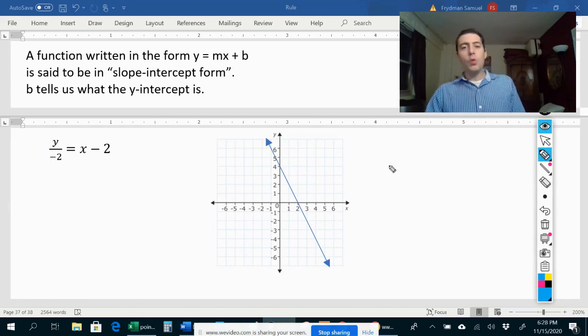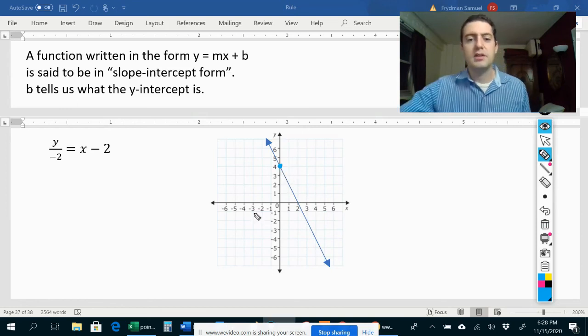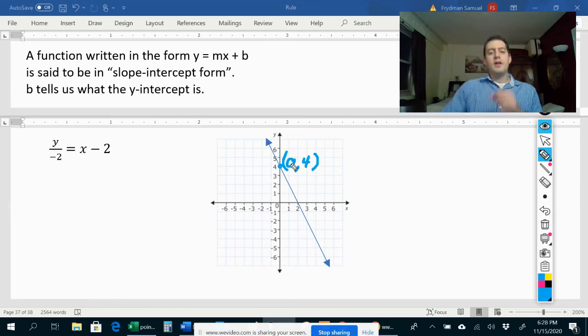Now, what is the y-intercept for this graph? Well, just look at the graph. Here's the y-axis. And where does this function cross the y-axis? It crosses it right over here, and that is the point 0, 4. Okay?